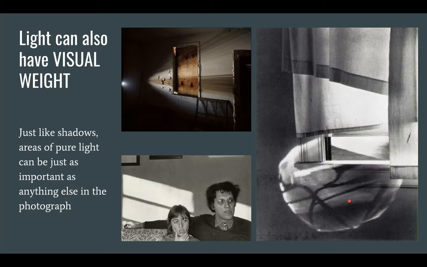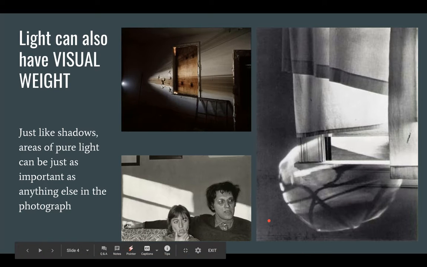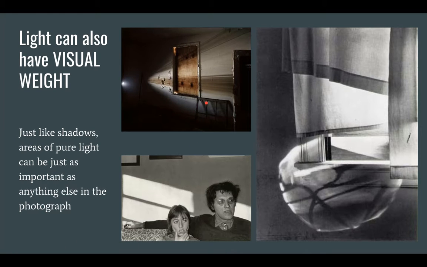Light can also have visual weight, not just shadows. So we can see these beams of light here on the background, or I think there must be some kind of glass vase or something here where the light is going through or being modified right here.